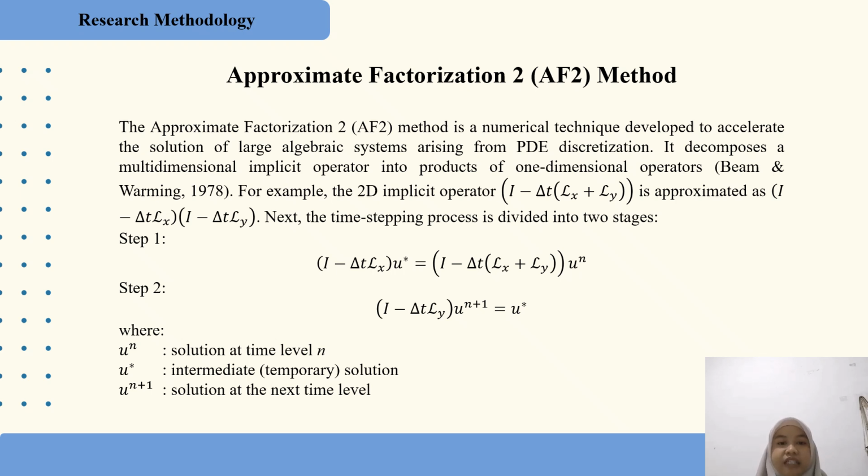It factorizes a two-dimensional operator into two one-dimensional operators, reducing a large matrix problem to a tridiagonal system solved efficiently using the Thomas algorithm. For example, the 2D implicit operator is approximated as follows.